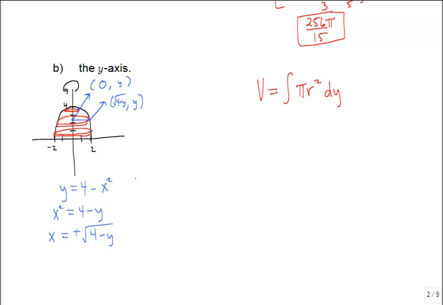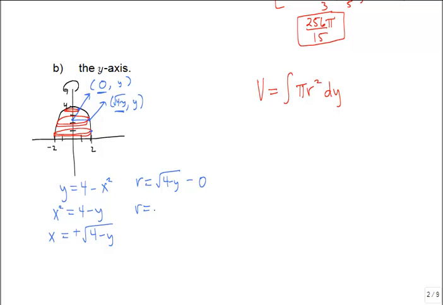So my radius function will be the difference in these two x coordinates, this x minus this x. And to ensure that you're getting the right orientation and a positive radius, always do right minus left. So we're going to take this right x value and subtract the left one, which was 0.